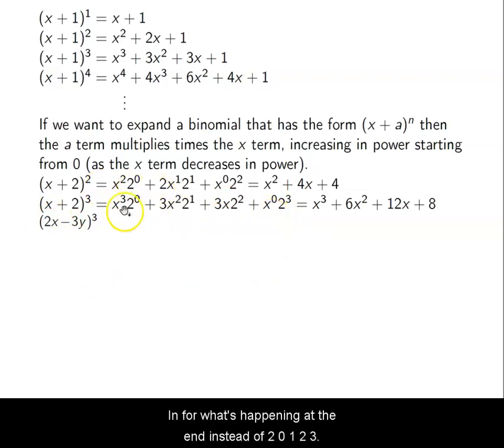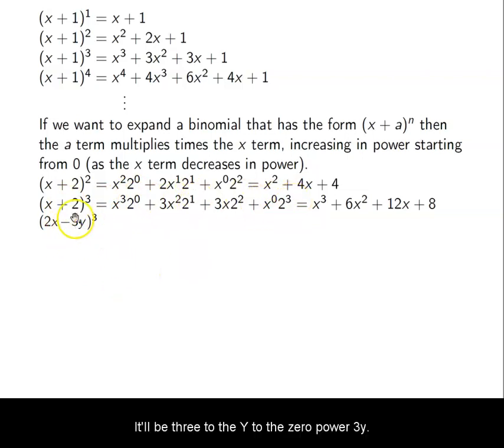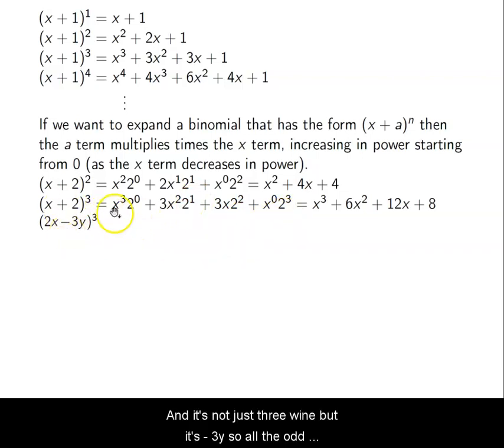And for what's happening at the end, instead of 2 to the 0, 1, 2, 3, it'll be 3y to the 0 power, 3y to the first power, 3y squared, 3y cubed. And it's not just 3y, but it's negative 3y. So all the odd ones, like this term where it's a 1, and this one where it's a cube, will have a negative sign, and all the even-powered ones will be positives.